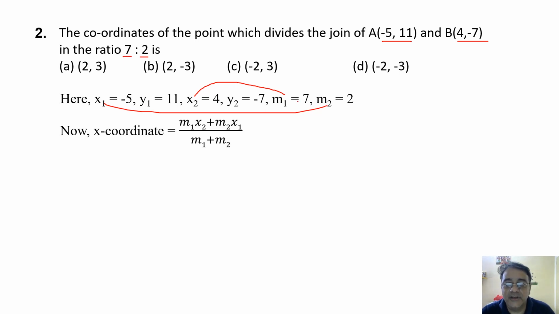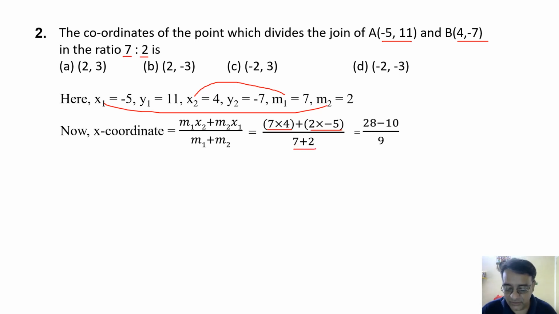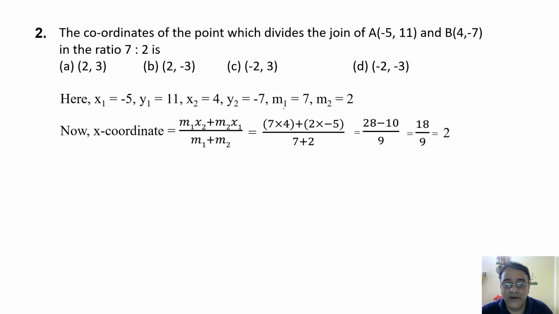Right. So what you are going to get? 7 into 4 plus 2 into -5 upon 7 plus 2. Right. So this will become 28 and this will become -10 upon 9. So 28 minus 10 upon 9, 18 upon 9. So final answer? 2. Right. Next one, y coordinate: m1 y2 plus m2 y1 upon m1 plus m2.